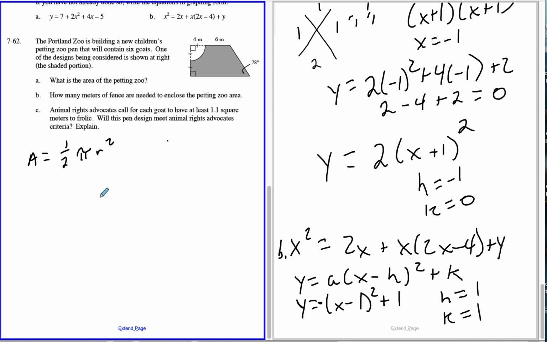Since we only want 1/4 of this, we're going to divide that whole thing by 4. Our r equals 4. So we got 1/2 pi 4 squared divided by 4.